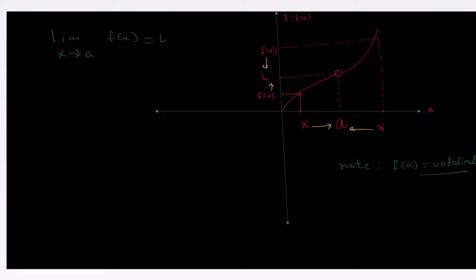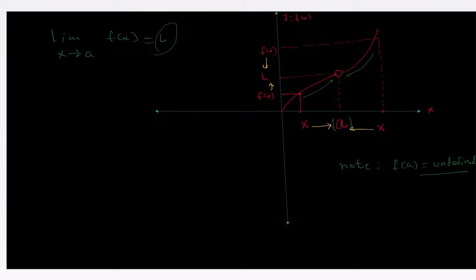A limit is saying that as long as when you get very, very close to A from the right side and left side, your f of x will get close to L. And that is going to be the limit of the function. So it's the behavior of the f of x that is really important, not f of A itself. That's the whole point about the limit.